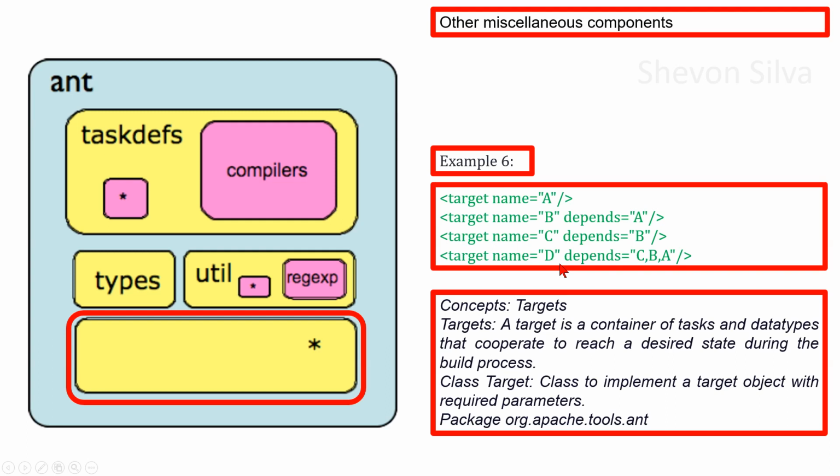Thus executing target D will first result in C being called, which in turn will first call B, which in turn first calls A. After A, then B, then C have executed, execution returns to the dependency list of D, which will not call B and A since they are already called in the process.